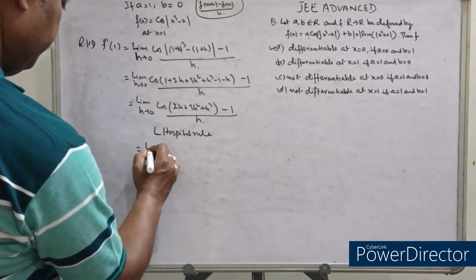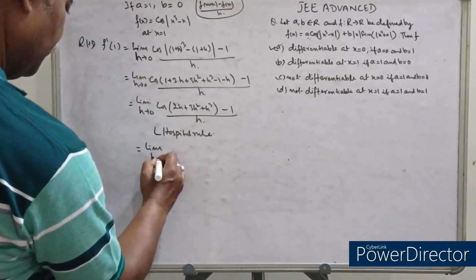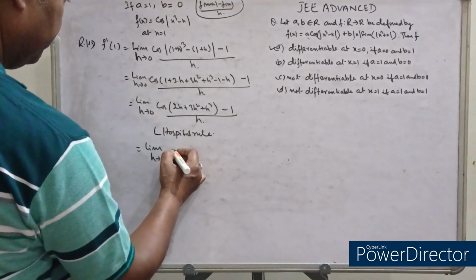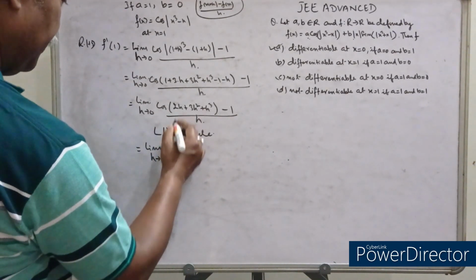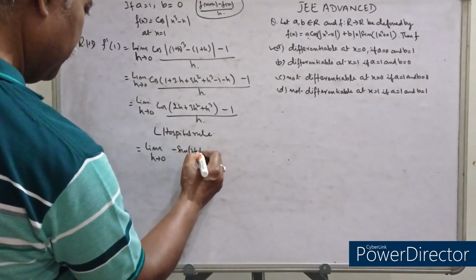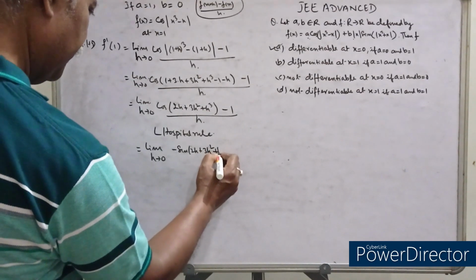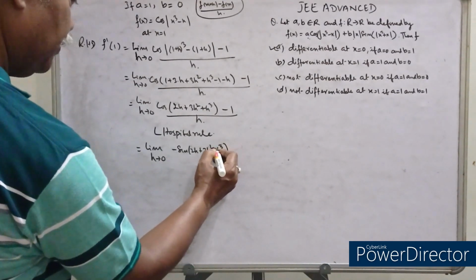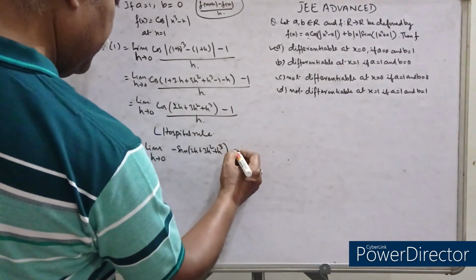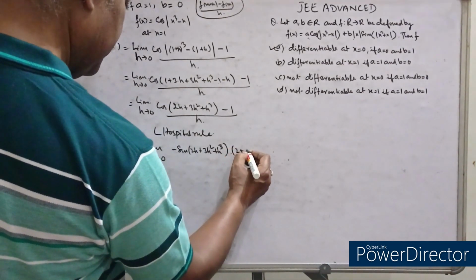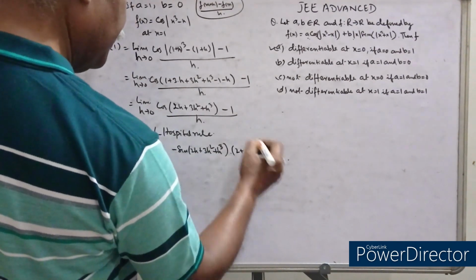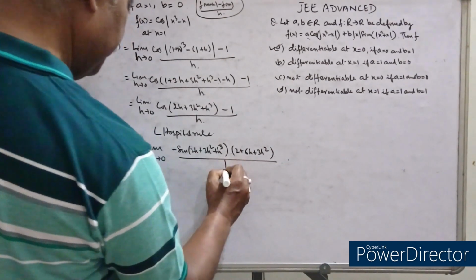So when you differentiate this, you get minus sine(2h + 3h² + h³), by the chain rule, into (2 + 6h + 3h²), and this is over 1.